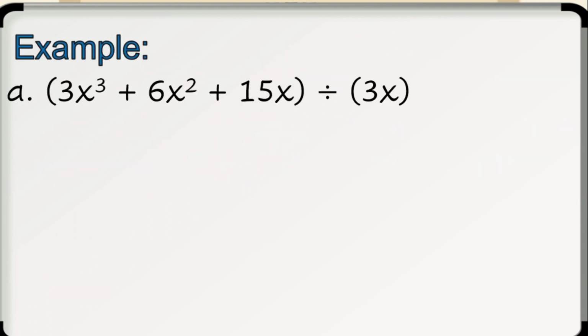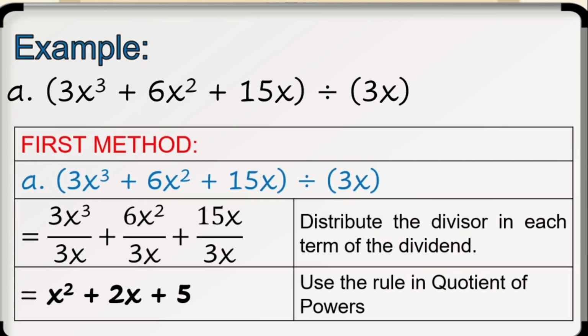Example letter A. The polynomial 3x cubed plus 6x squared plus 15x divided by the monomial 3x. Using the first method, we have to distribute the divisor in each term of the dividend. So, 3x cubed divided by 3x plus 6x squared divided by 3x plus 15x divided by 3x.